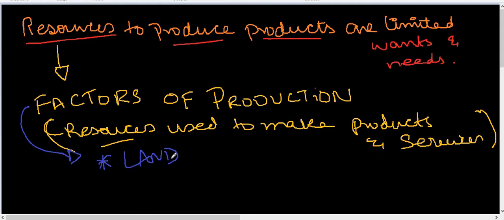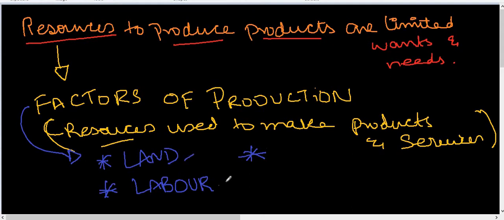You need land, you need a place, and I'll explain that in detail later, to make a product. Second is labor. You need people, you need someone to actually make the product. Even if it's a machine, you need someone to run the machine, oil the machine, take care of the machine, pack the products. So these are all resources.